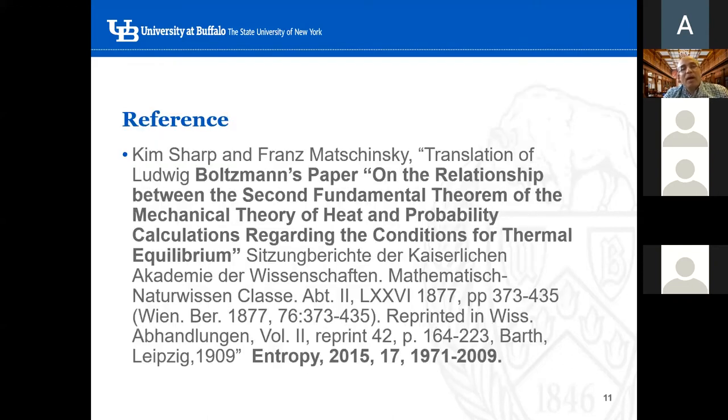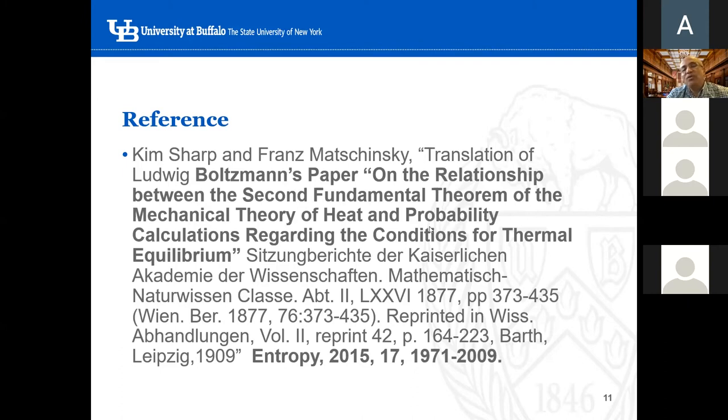Now, I have been working on this for 30 years. And then in 2015, 2 professors from the University of Pennsylvania Medical School, Kim Sharp and Franz Matschinsky, published a translation of Boltzmann's original 1877 paper.